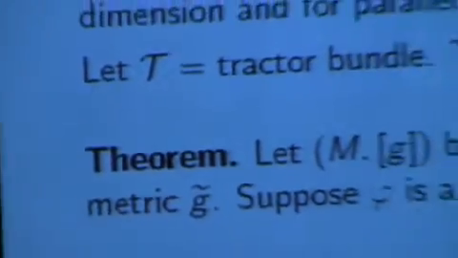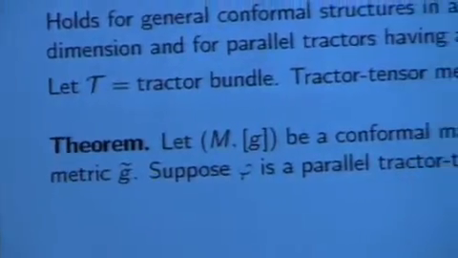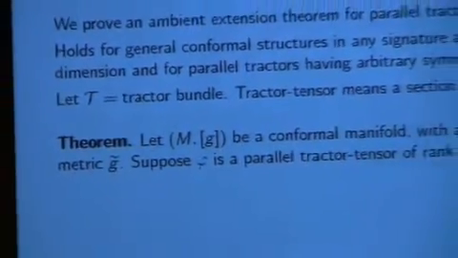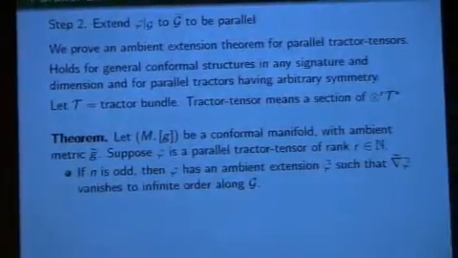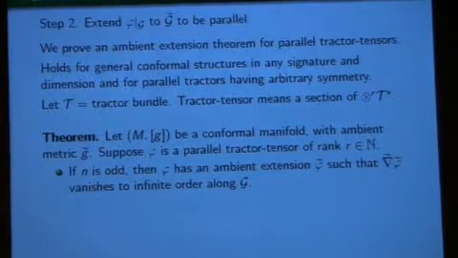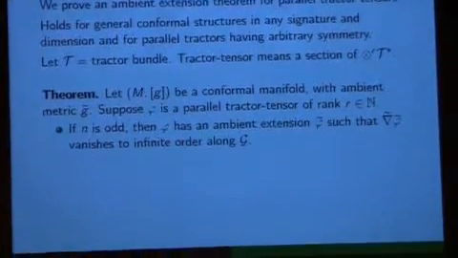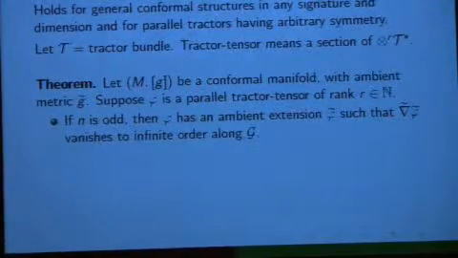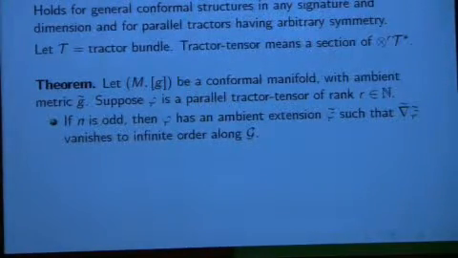So the ambient extension theorem says that if you have a conformal manifold, take its ambient metric. Suppose you've got a parallel tractor tensor of some rank. In odd dimensions, every parallel tractor has an ambient extension that's parallel to infinite order. You can always extend a parallel tractor off the ambient space to infinite order.